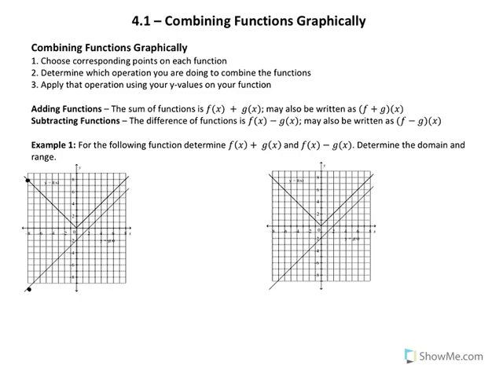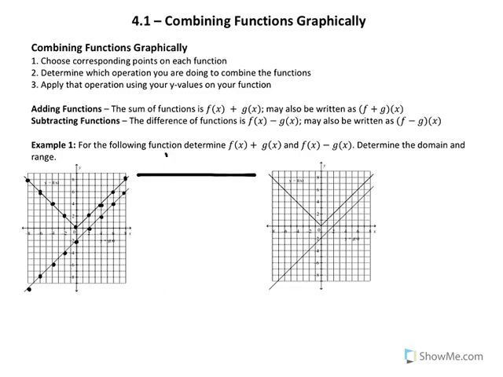We'll go -6 on both graphs, -4, -2, 0, 2, 4, 6, and 8. I want you to pause the video, and I'm going to have you fill in this chart.